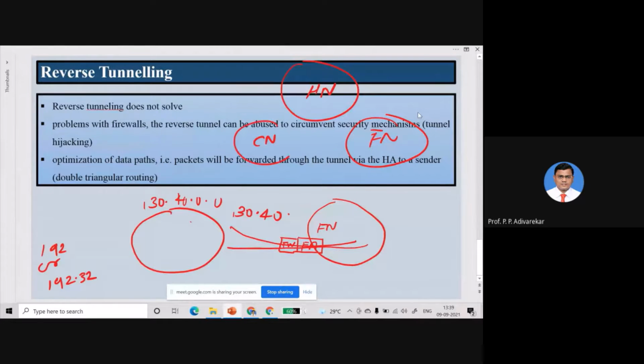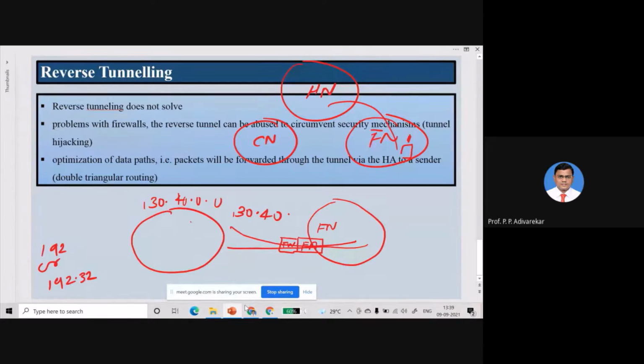Now, the mobile node has to move from this home network to the foreign network, and it has to send a packet to a correspondent node which is already in the foreign network. Now what is the triangular routing problem? In this case, we said it is a double triangle. First we will see what triangular routing is, then we will see what double triangular routing is. So let's talk about triangular routing.